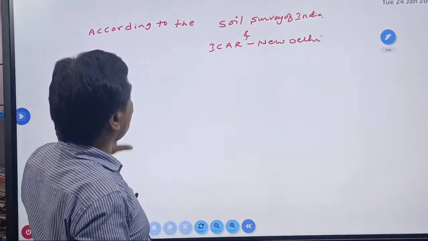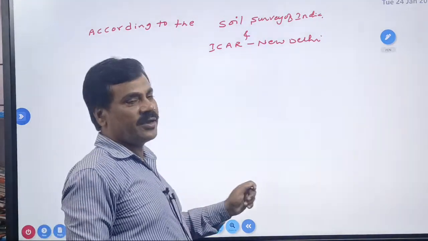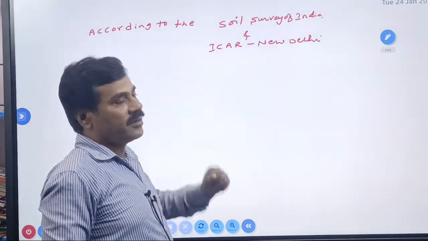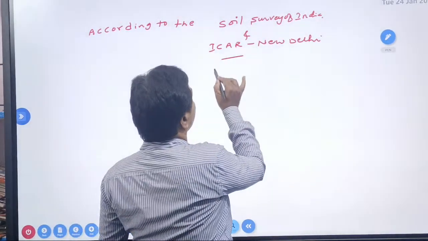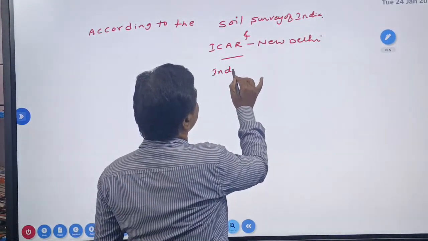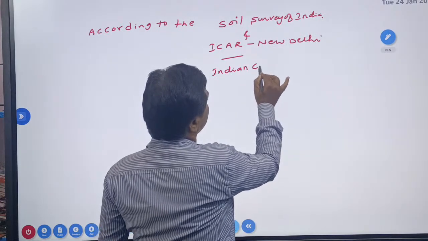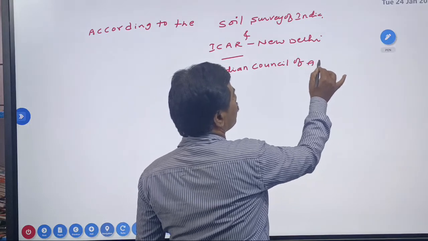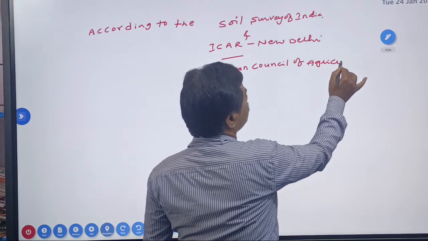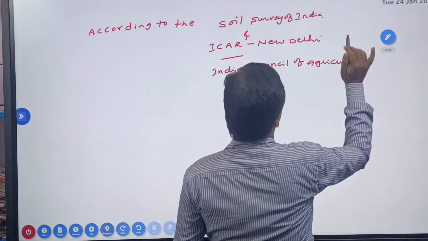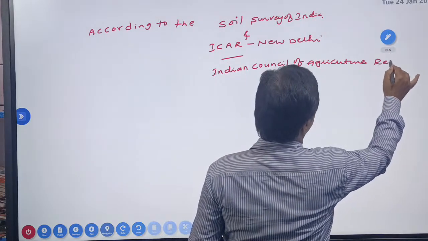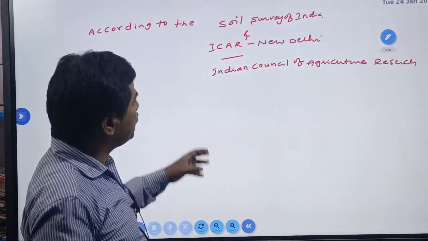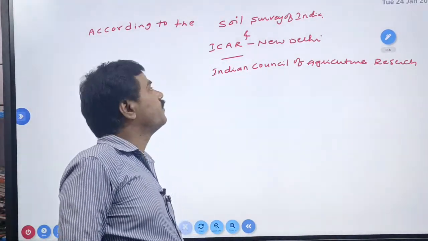The Soil Survey of India is one of the government institutions. ICAR's full form is Indian Council of Agricultural Research, which is established in New Delhi.